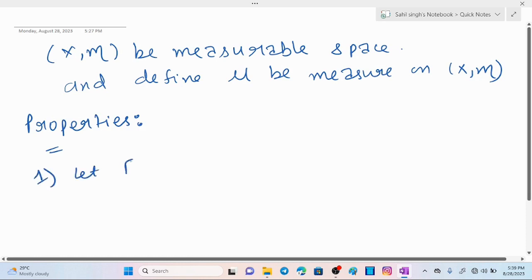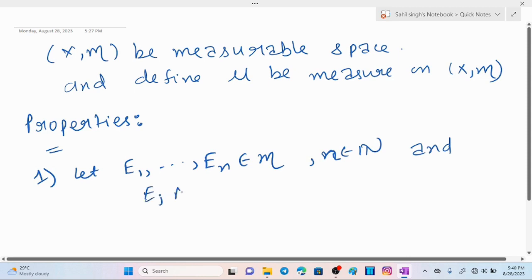First one: let E1 to En belong to M, where n belongs to the natural numbers, and all the Ei's are disjoint. That means Ej intersection Ei equals empty for all i, j belonging to 1 to n.